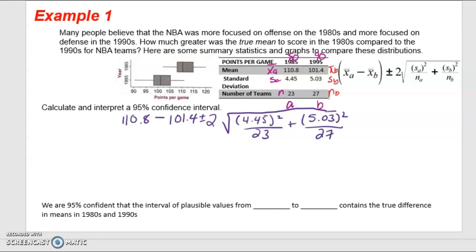And if you know that you're adding these two together, then it doesn't matter where you put each one. But if you rearrange the 110.8 and the 101.4, that's where your confidence interval could get messed up. The margin of error does not change depending on which one you put as context A or B, but the single value estimate does change.